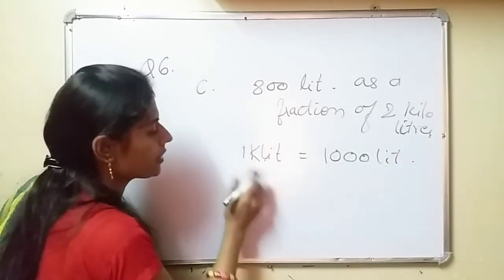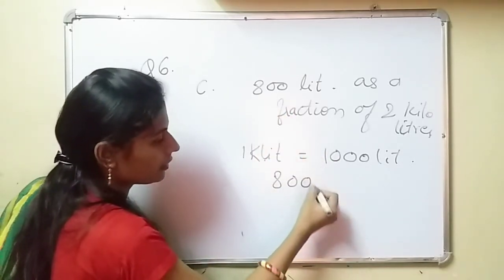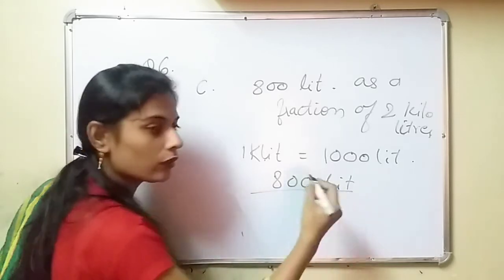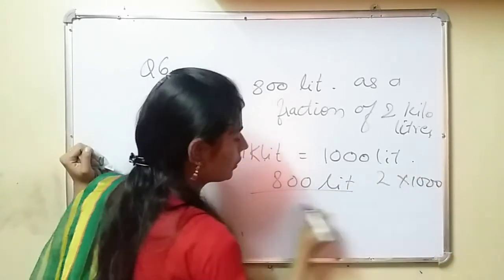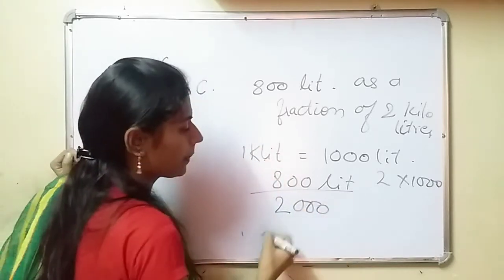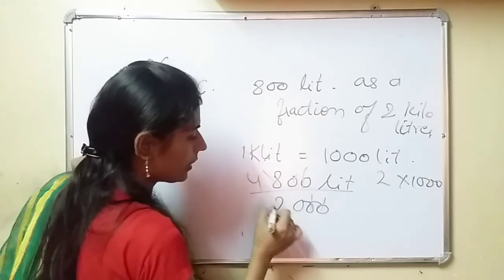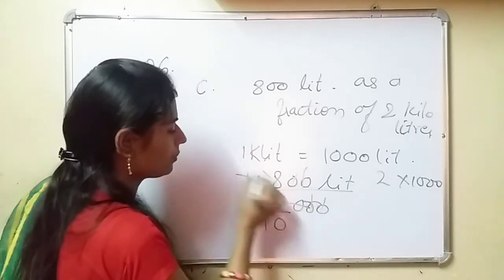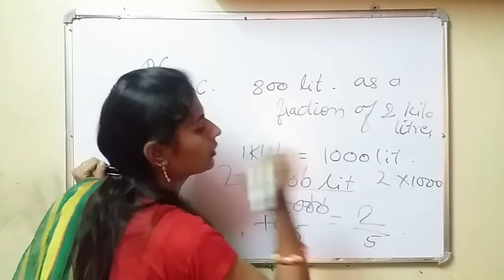Now see how to change it. They have asked 800 liters of 2 kiloliters. 2 means 2 multiplied by 1000, so 2000. Now divide it. 2 4s are 8. 2 1s are 2, 0. 2 2s are 4. 2 5s are 10. It will become your 2/5.